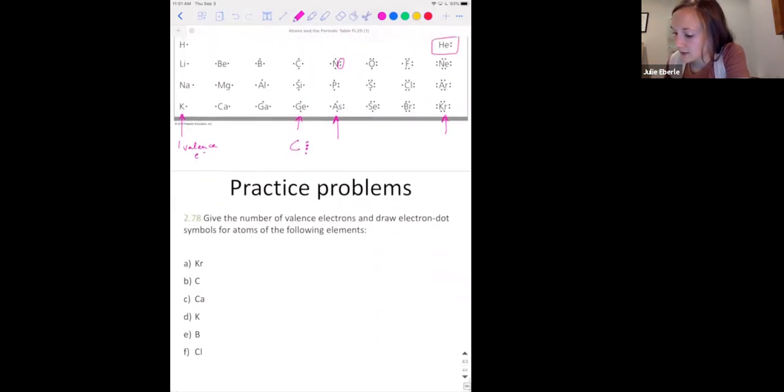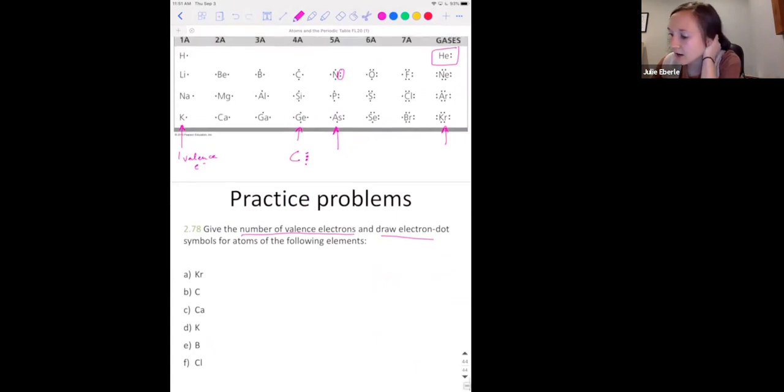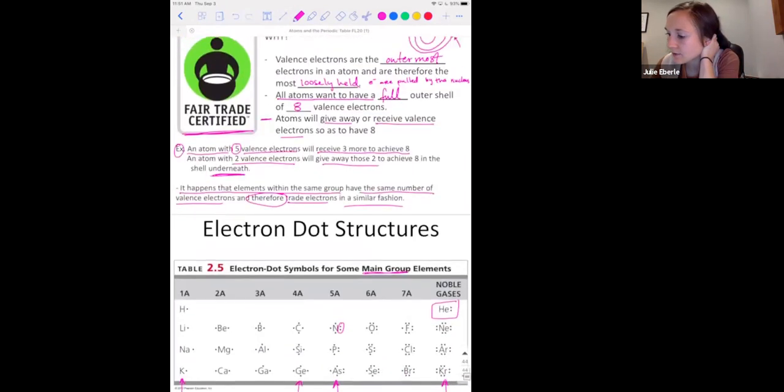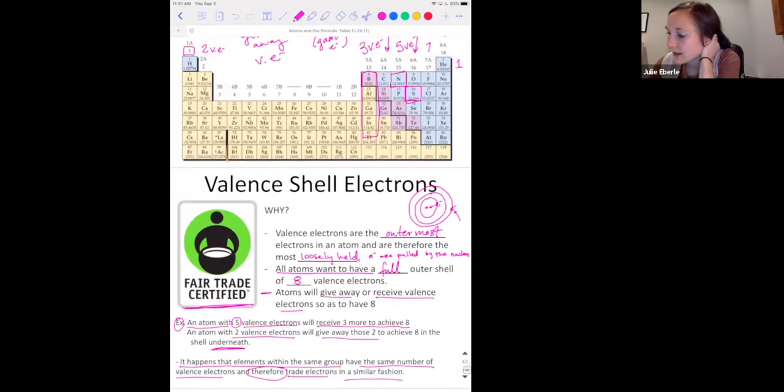All right, so let's look at this. Give the number of valence electrons and draw the electron dot symbol for these following atoms. We're going to do this, and that's all I have for today. Kr. Where is Kr? Kr is right here. It's a noble gas.